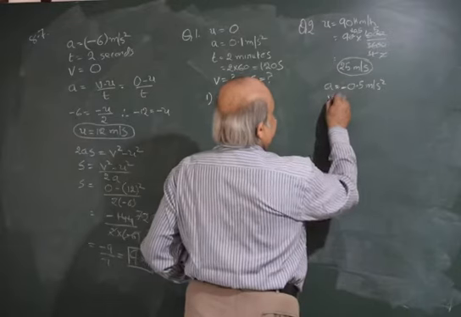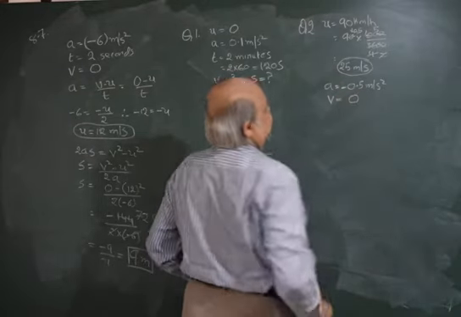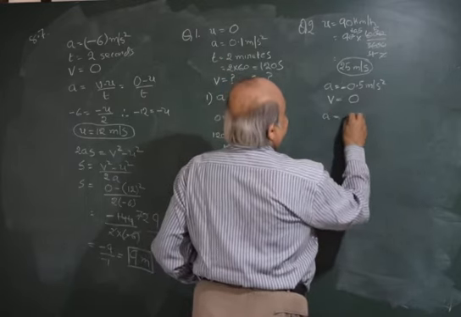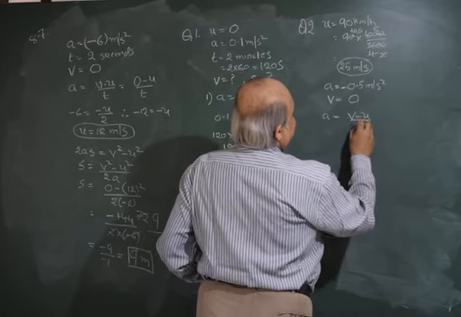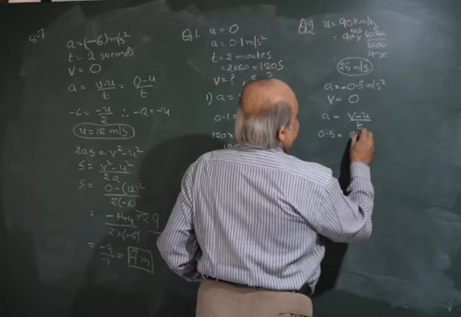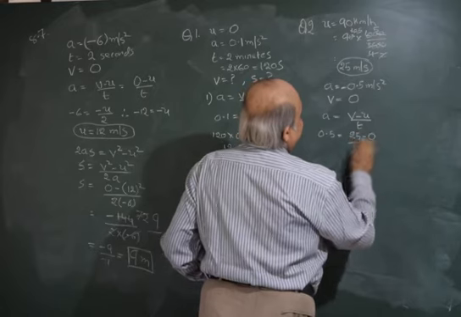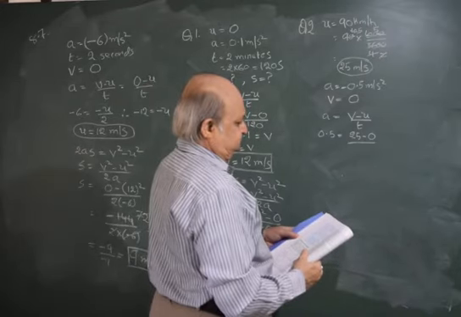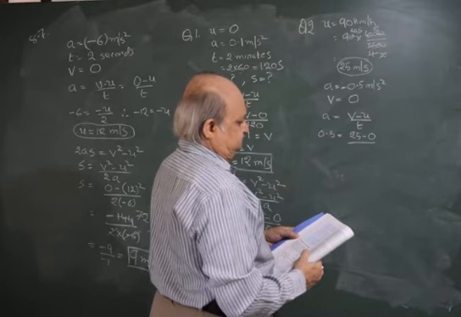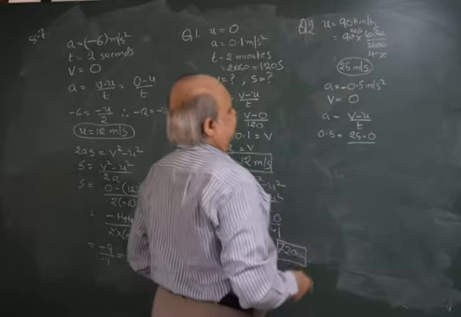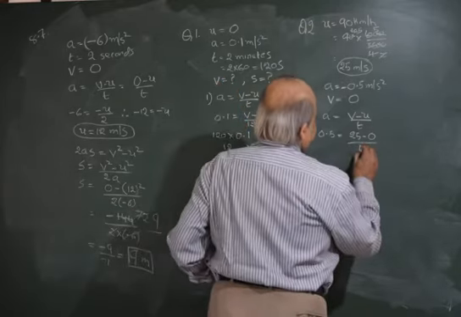Brought to rest will tell us that v is 0. Now we know that a is equal to v minus u upon t. 0.5 will be equal to 25 minus 0 upon t. So we have to first find the time.